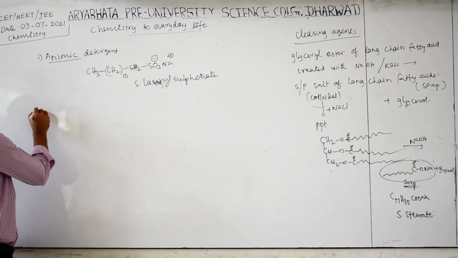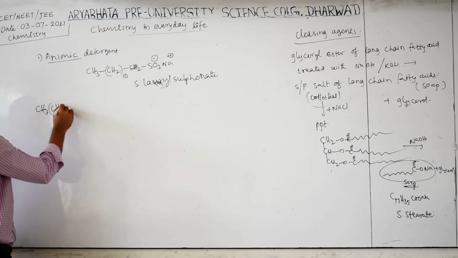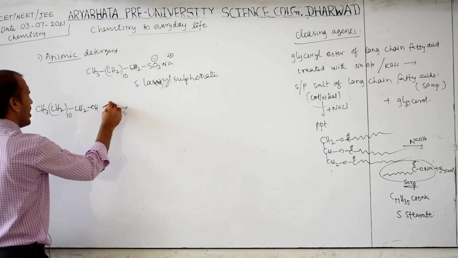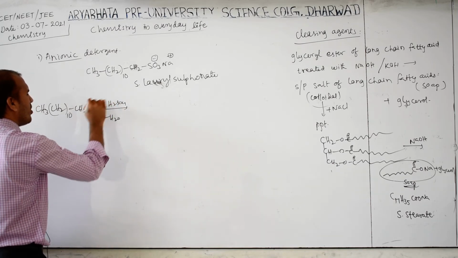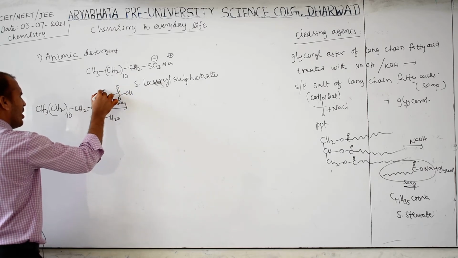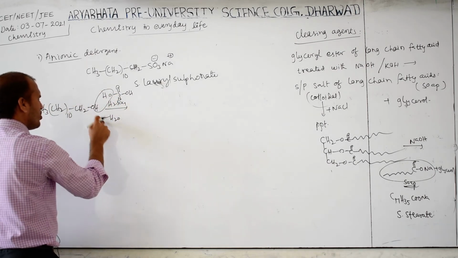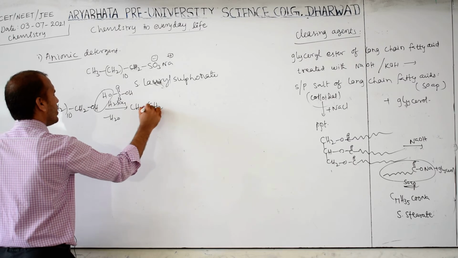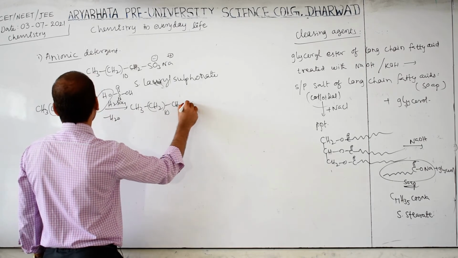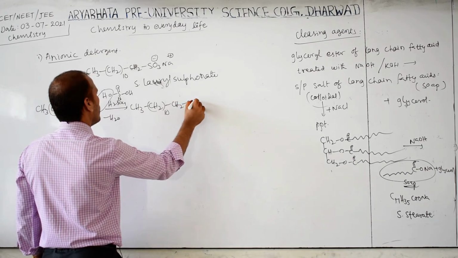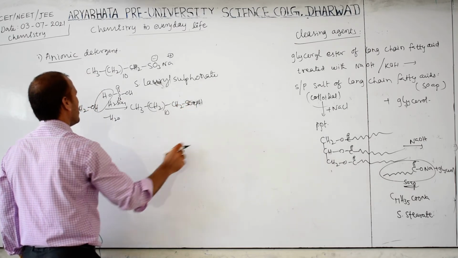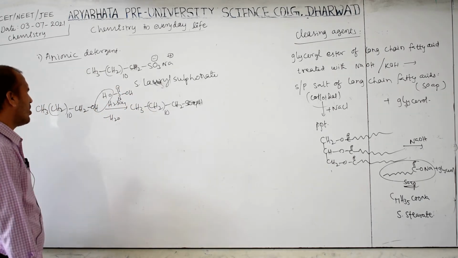Actually, how it is prepared: this is CH3(CH2)10CH2OH, lauryl alcohol. First it is treated with H2SO4, and a water molecule is removed. Here is the sulfuric acid formula. Then, with loss of H2O, we get CH3(CH2)10CH2-O-SO3H, with the water molecule removed.